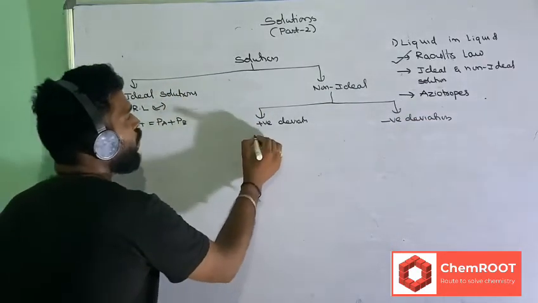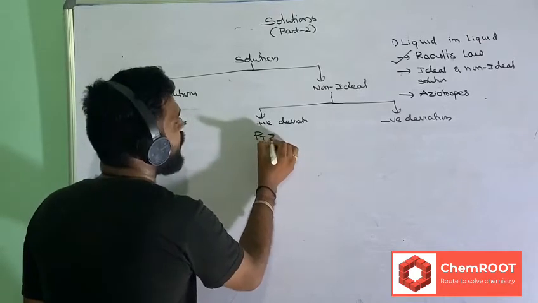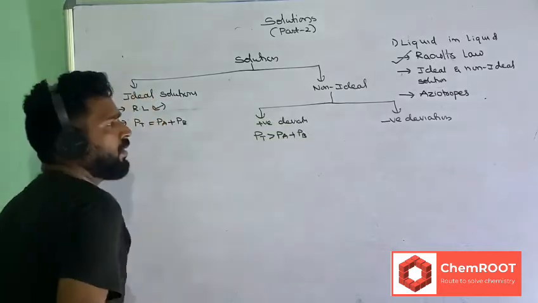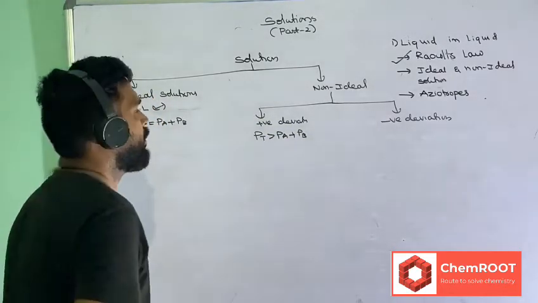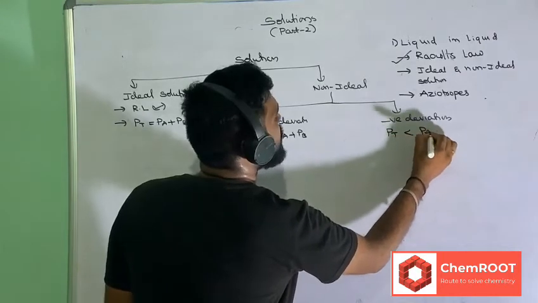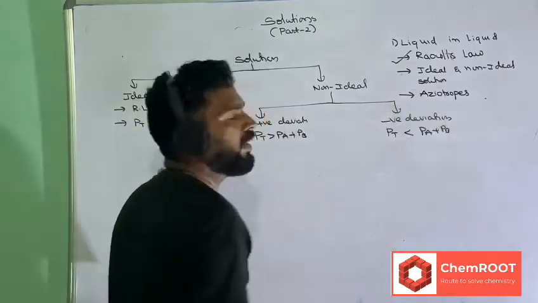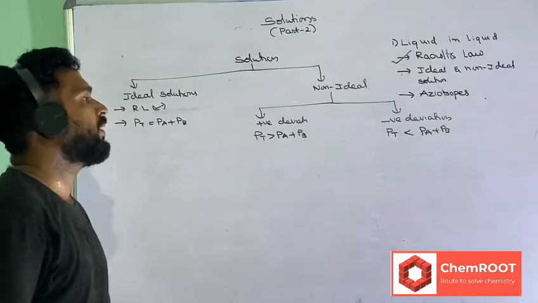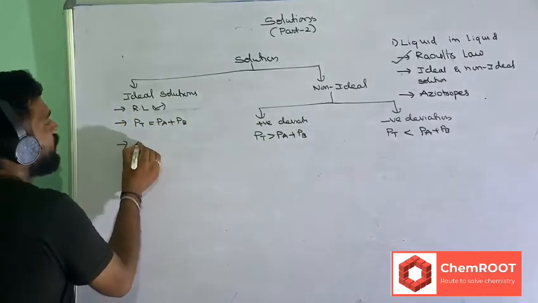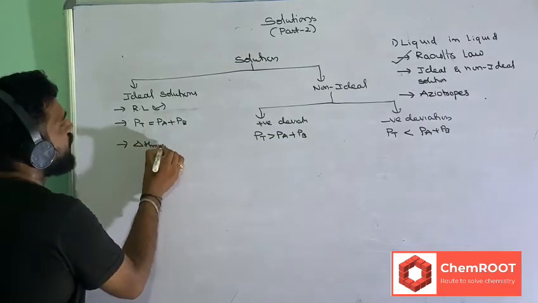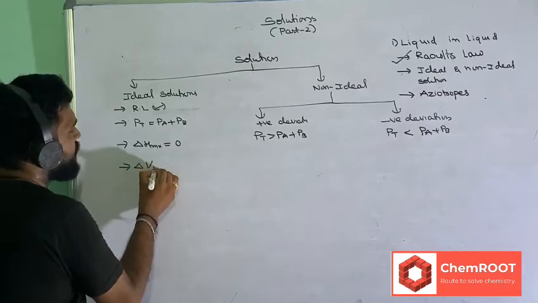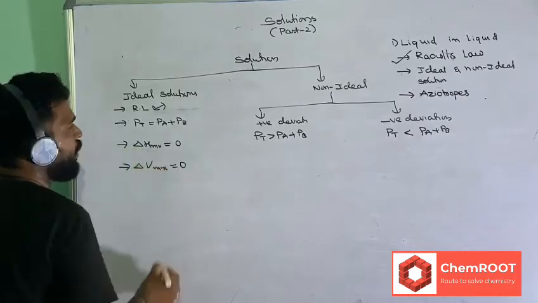Here, if it is a positive deviation, P total will be greater than PA plus PB. So vapor pressure will be more because interactions are weak. And here P total will be less than PA plus PB, because low vapor pressure results from strong interactions. For ideal, delta H mix will be 0 and delta V mix will be 0.